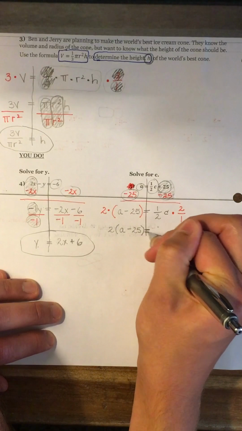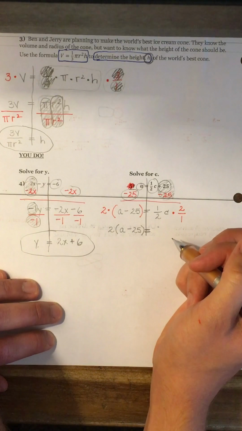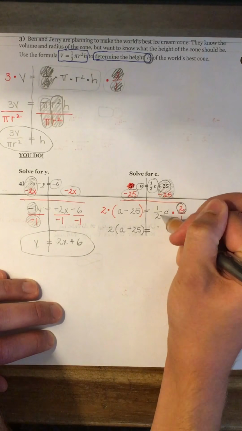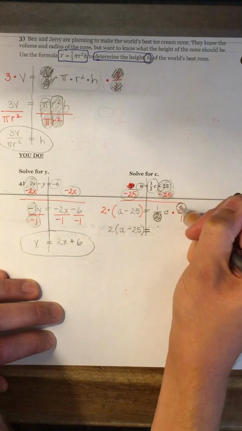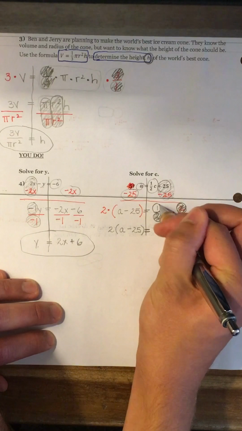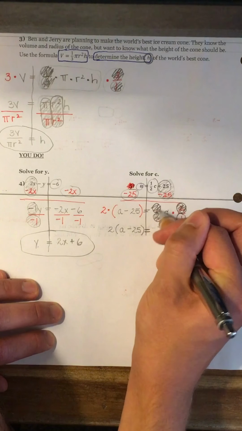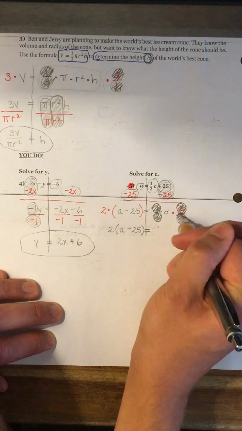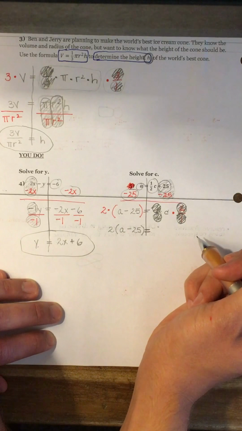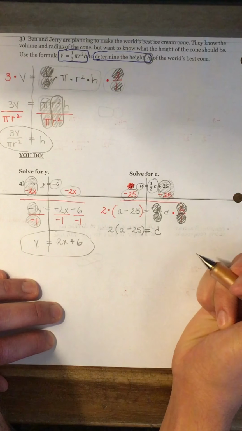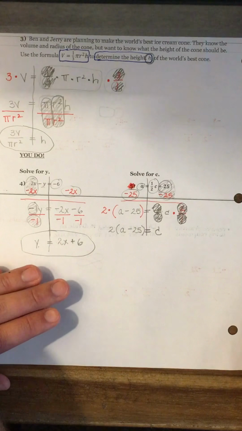And that's all equal to, on the right-hand side, again, I multiply by 2 over 1. So I have 2 on the top, 2 on the bottom. They essentially cancel each other out. 2 divided by 2 is just 1. Same thing with this 1 on top, 1 on the bottom. They cancel each other out. So when you multiply a fraction by its reciprocal, the fractions just go away. And what I'm left with is just this little old variable c. And I have my final answer.